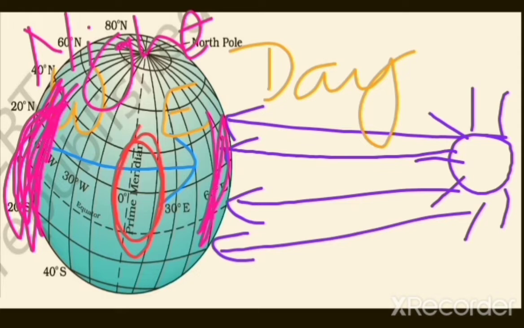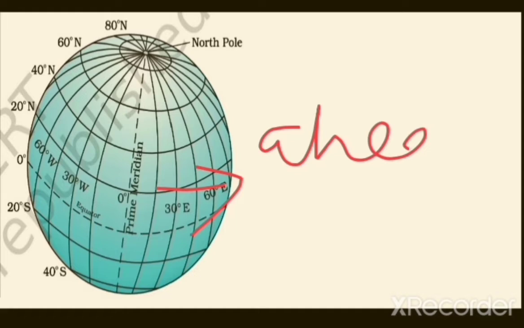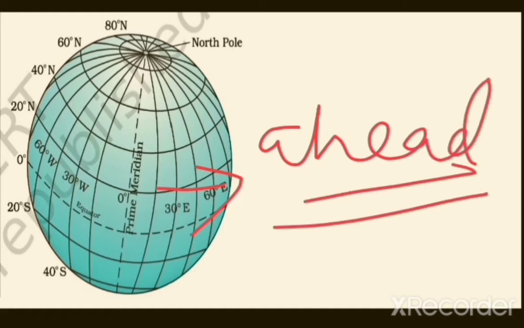So we understood that all the areas on the eastern side of the earth are ahead of time, and all the areas on the western side of the earth, that is this side, are behind the time.